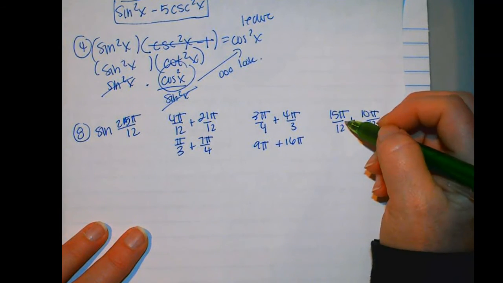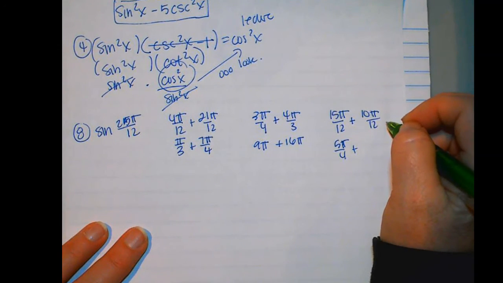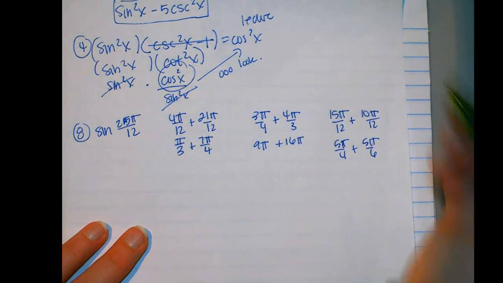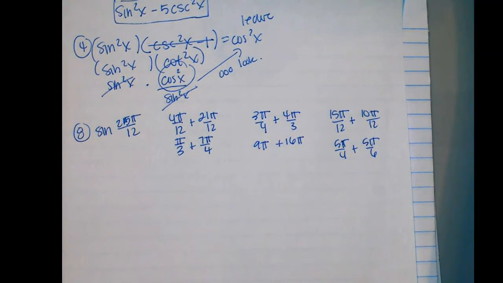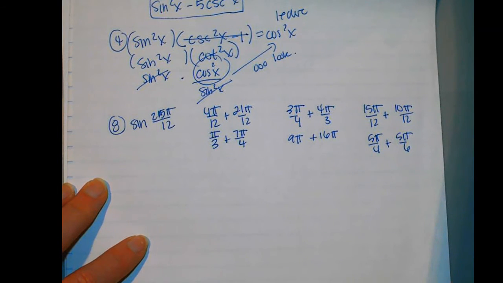So 3 goes 5 pi over 4 plus 2 goes 5 pi over 6. So look, 3 different ways that you could add up to get 25 pi over 12. And they're all going to give you the same stuff because as you go around the circle, they have the same values. So we're looking for sine. It doesn't matter which one we use.